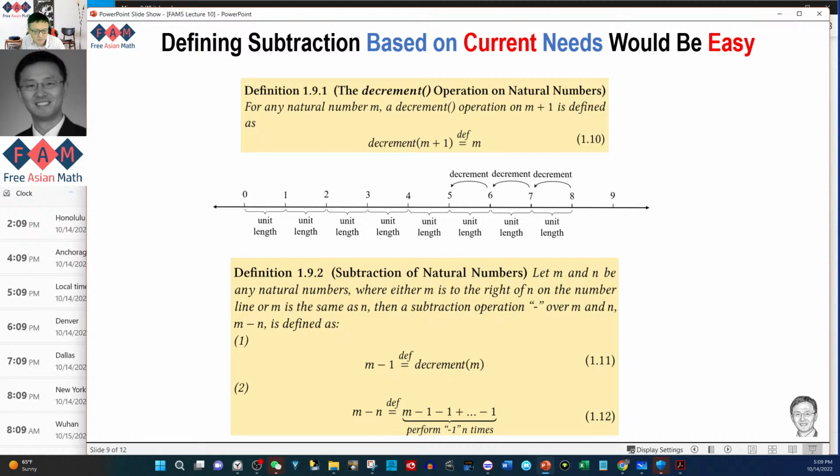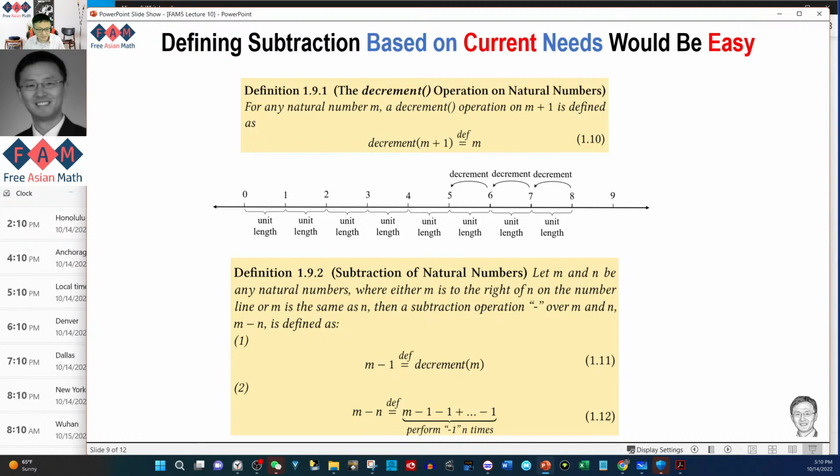We allow those cases. So the only case that has been excluded is m to the left of n, meaning m is smaller than n, but because we have not officially talked about what it means by smaller, which is exactly the definition here, we just say m is either to the right of n or m is the same as n.